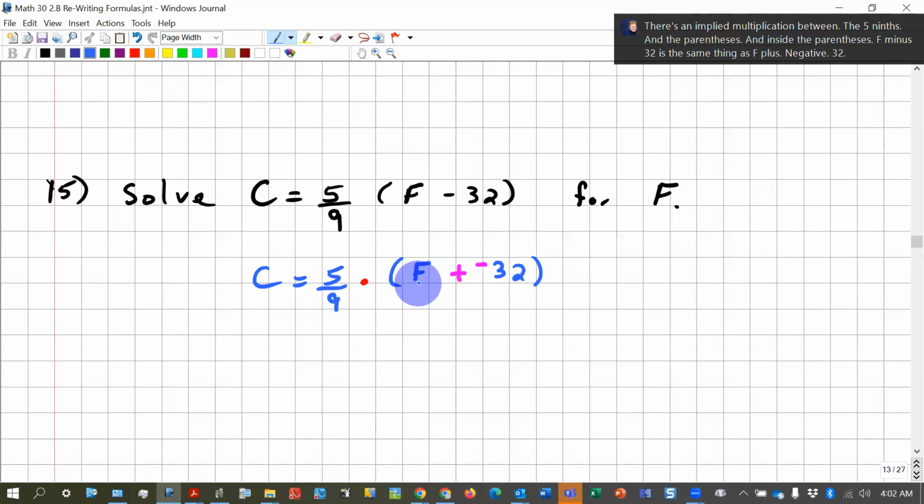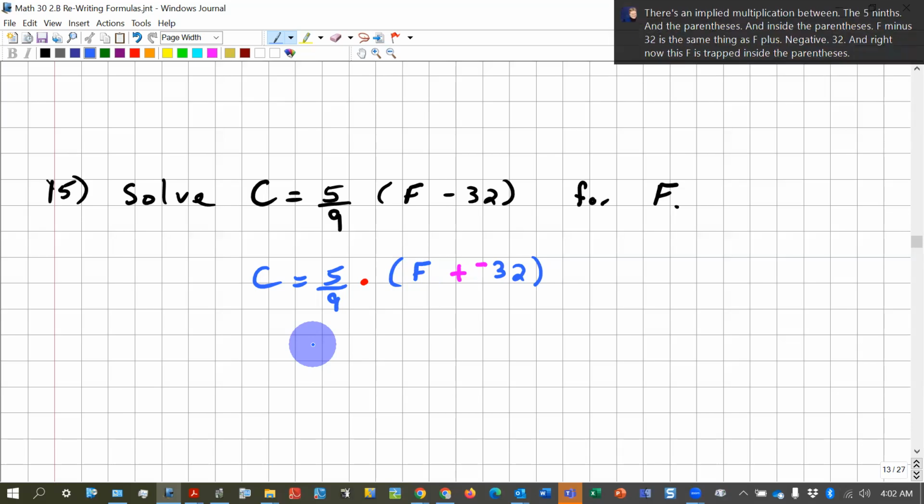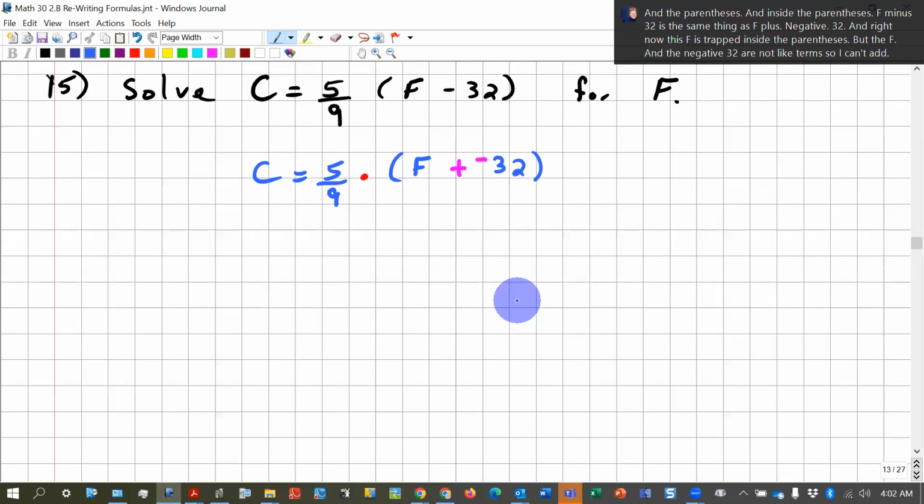And right now, this F is trapped inside the parentheses, but the F and the negative 32 are not like terms, so I can't actually add them.